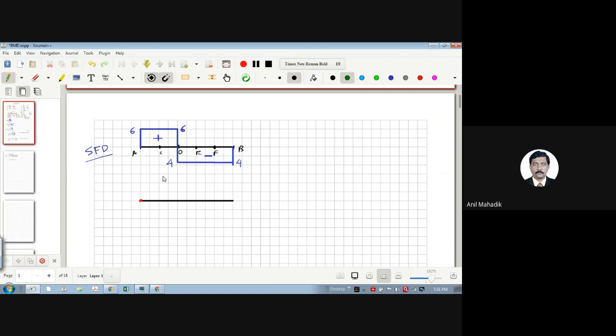So what is the value at point C? How much is coming at point C? 6.